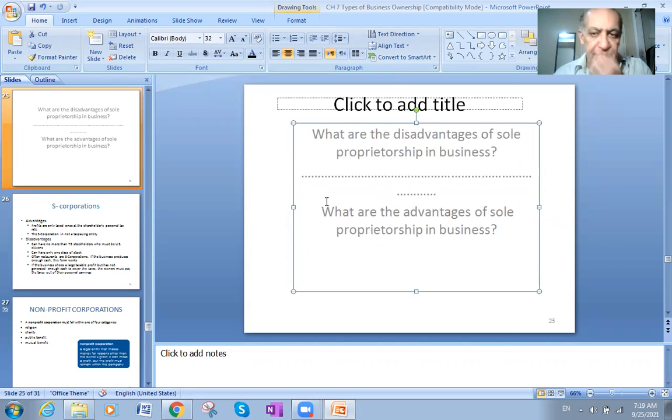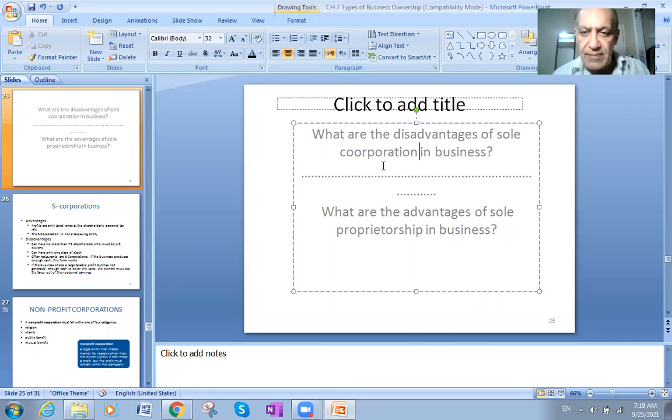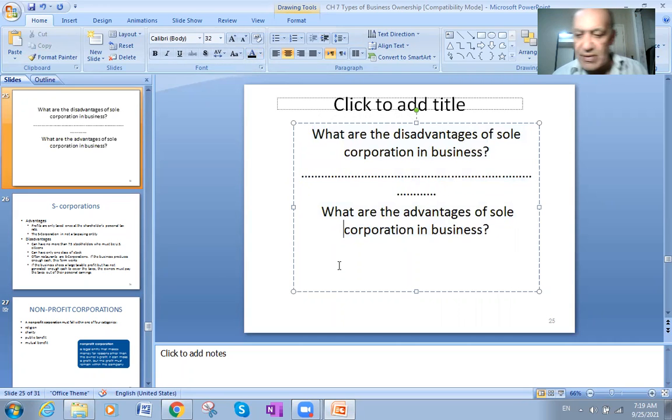So what are the advantages and disadvantages of corporation in business? Same questions which we had before, but now we will apply them only on the corporation.